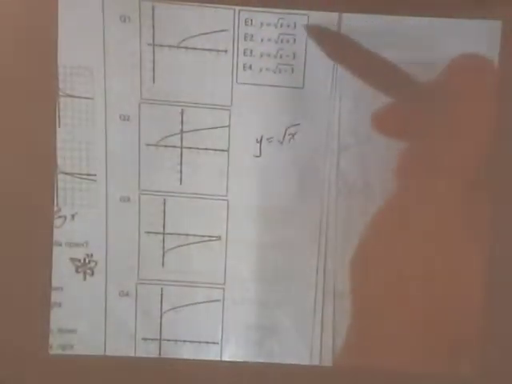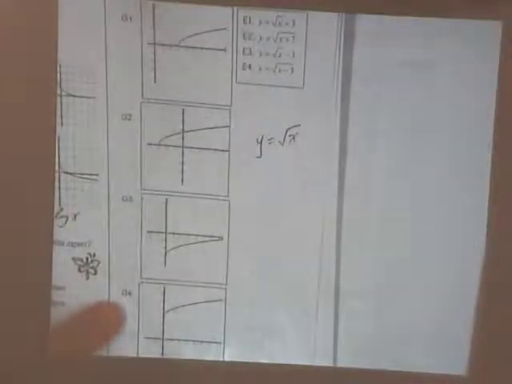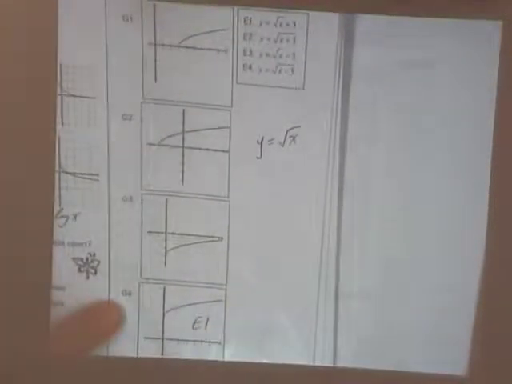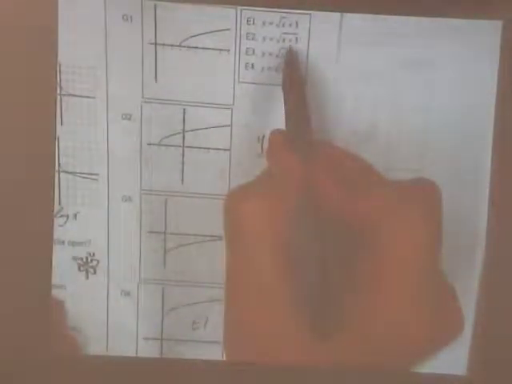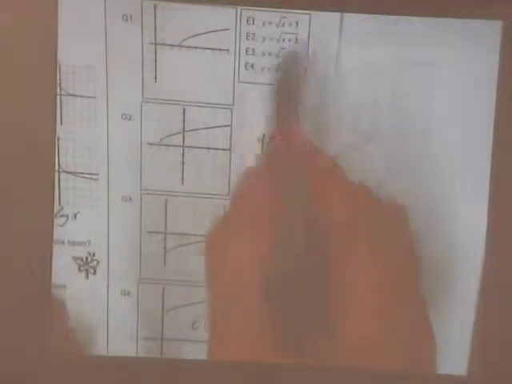All right, so what happens when I just add 3 to the end of an equation? Goes up 3, right? So that looks like this one here. How about the second one, when I add 3 with the x? On the left, right? Moves to the left 3.